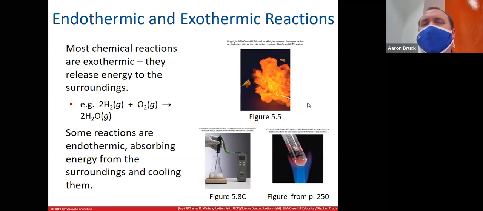Where we tend to see them are certain types of reactions where we're doing things like dissolving, and the process of dissolving actually lowers the temperature of the water because of the energy it takes to break apart that ionic crystal.